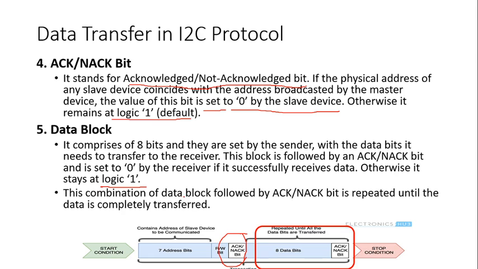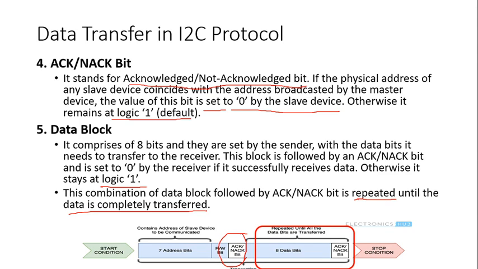This combination of data block followed by acknowledgement or negative acknowledgement bit is repeated continuously until the data is completely transferred. It means you can transfer n number of bytes using the I2C protocol, and until all the bytes are transferred, it will not complete the data transfer.